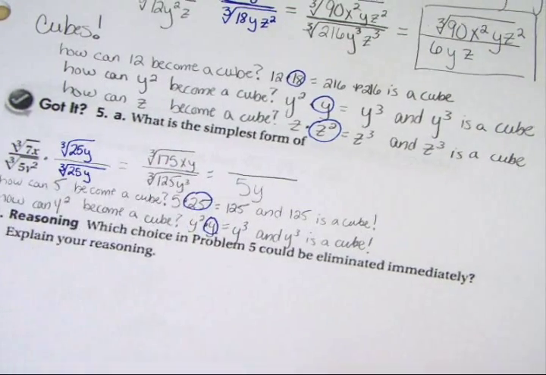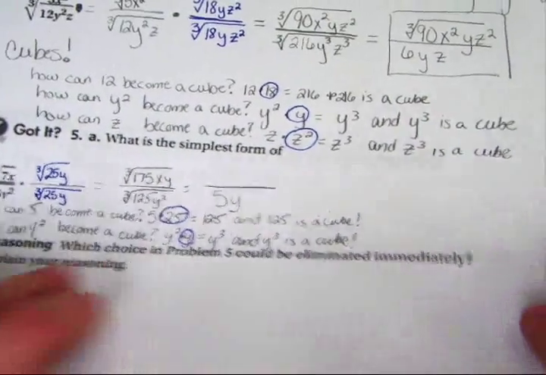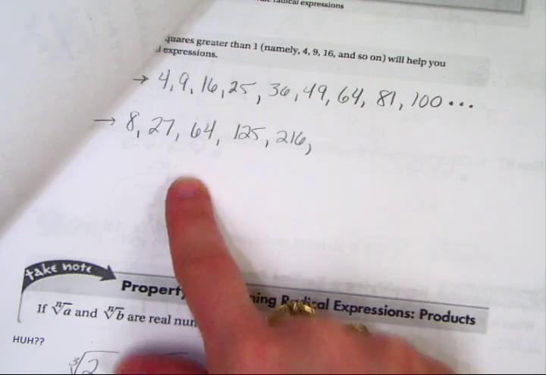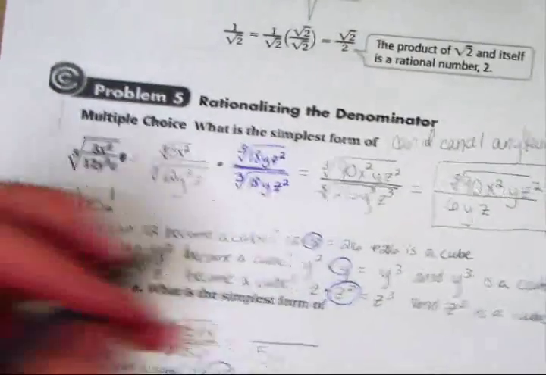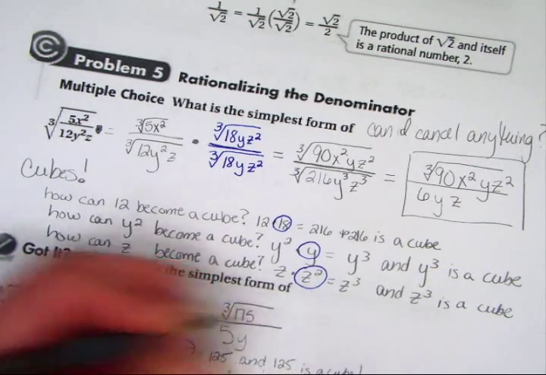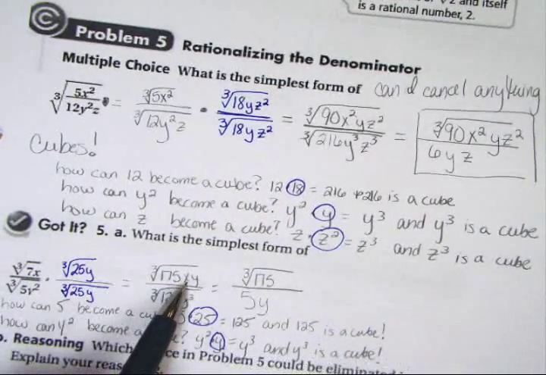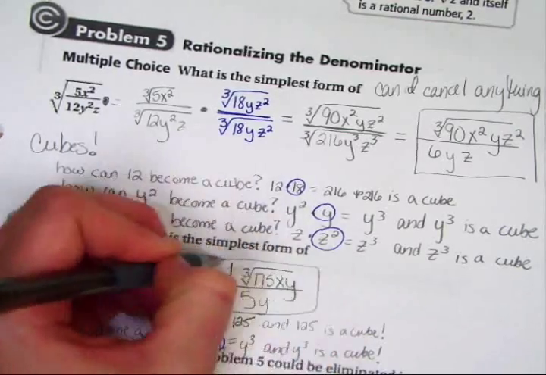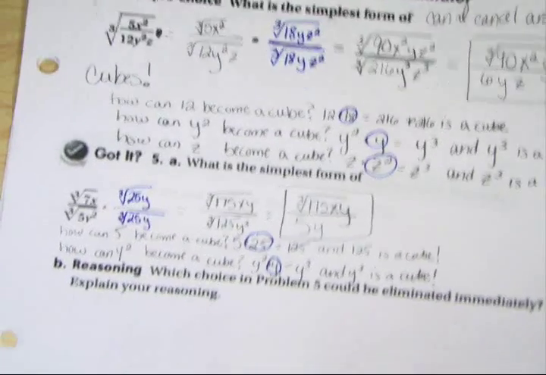On the top, we always need to double check. Do any of my cubes go into 175? The answer is no. So 175 travels over. What about x and y? Do we have enough to pull any out? The answer is no. We do not have enough to pull any out. That is called rationalizing.